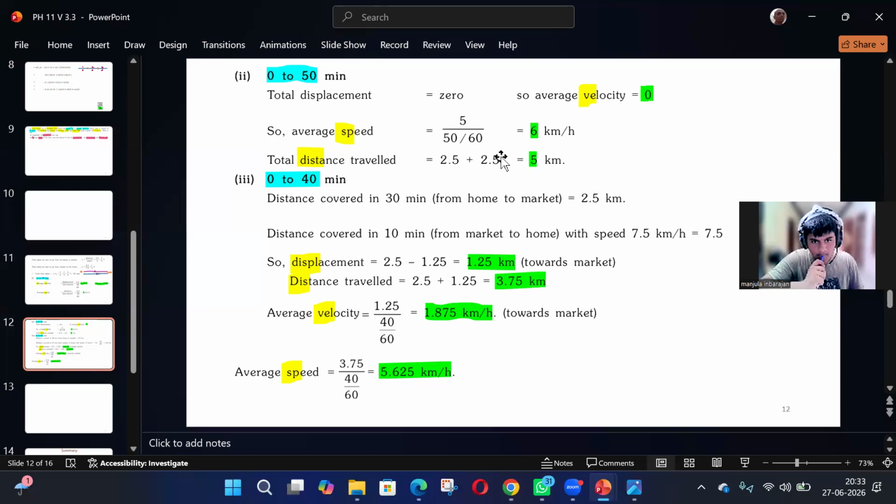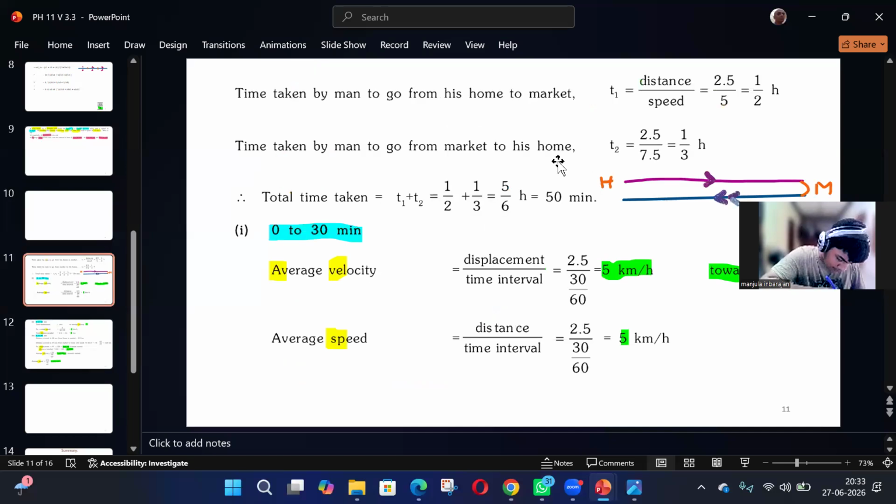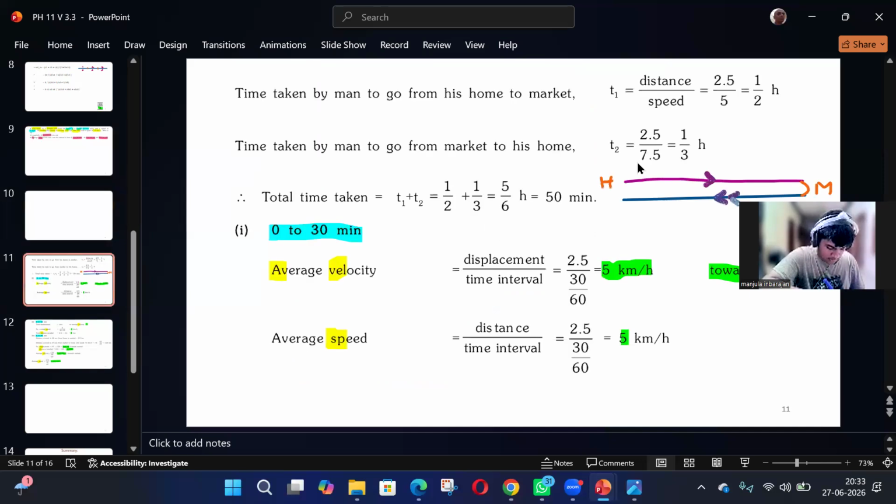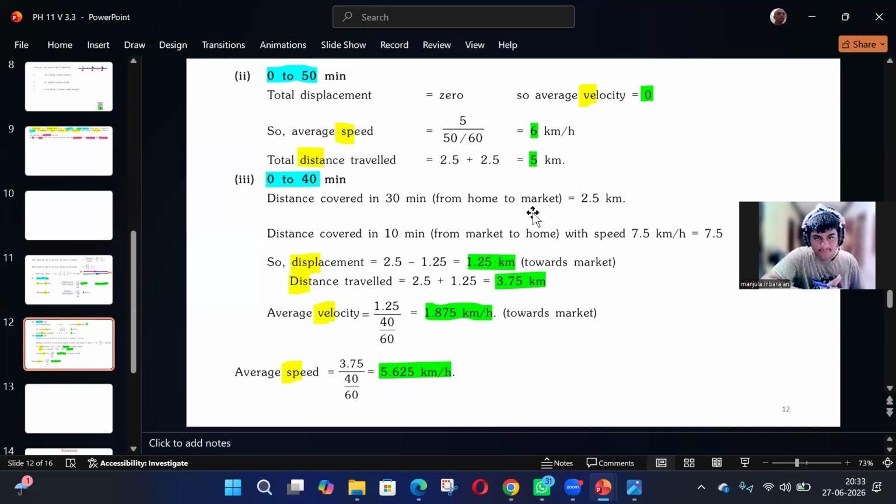It's okay, sorry, I didn't know. Yeah, it's 6 minutes. Small calculation mistake. Is it 6 kilometers per hour? Yeah, displacement is 0 because he has reached home.